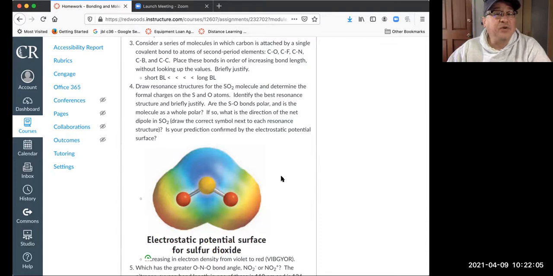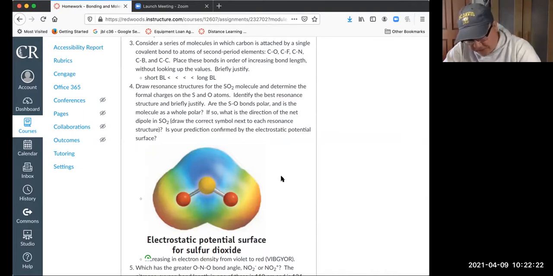Place these bonds in order of increasing bond length without looking up the values. Okay, so here we have carbon-oxygen, carbon-boron, carbon-carbon, carbon-nitrogen, and carbon-fluorine.